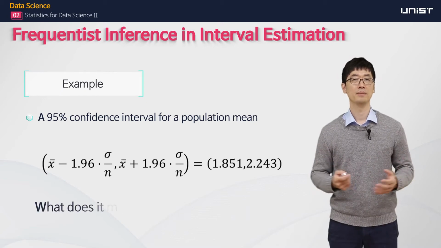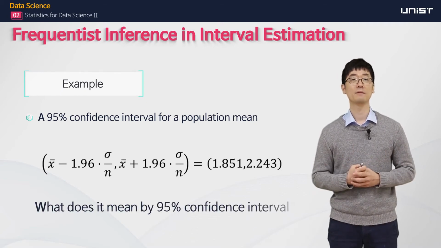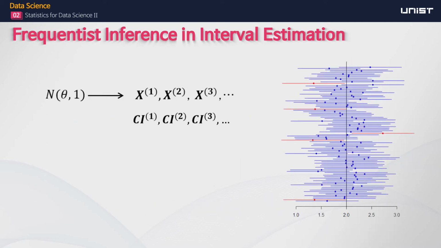What does it mean that the formula is a 95% confidence interval? Let us generate some hypothetical random samples of size n with the same probability distribution, normal, theta, and 1. For each sample, compute the confidence interval with the formula above.